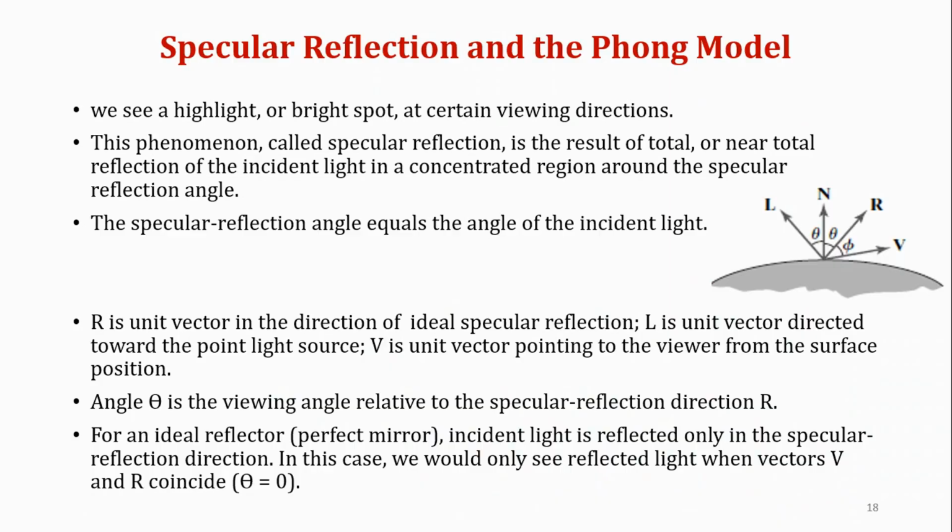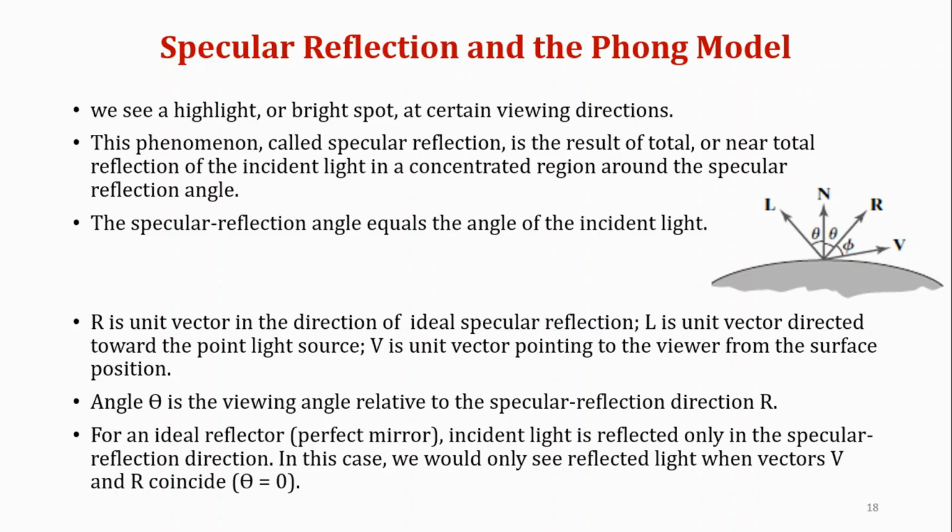Phong introduced a method to calculate specular reflection mathematically. This model considers the light source, surface normal, reflection direction, and the viewing position. When the viewer direction aligns with the reflection direction, the bright light appears. Glossy surfaces generally produce this.